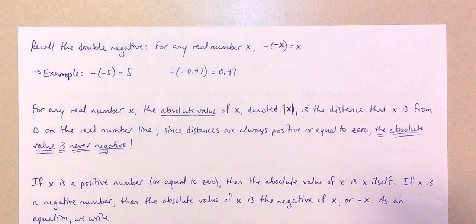Now, because we're talking distance, and we never have a distance that's negative, the distance, aka the absolute value, is always going to be a quantity that is either equal to 0 or something that's positive. So that's very important to keep in mind. The absolute value of a number is something that's always equal to 0 or is positive.